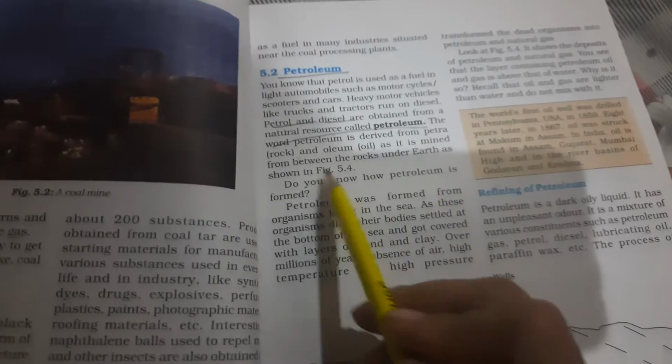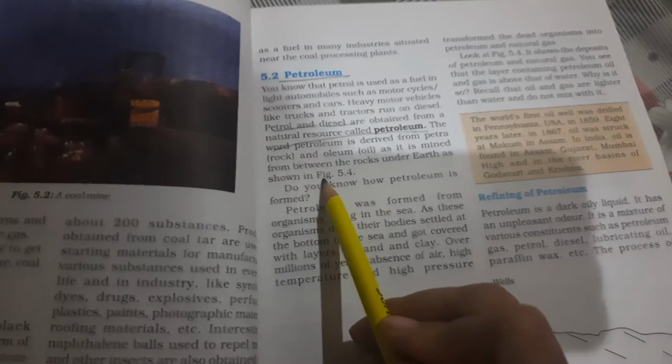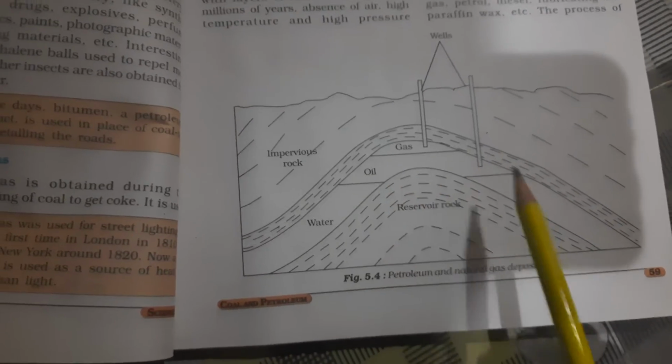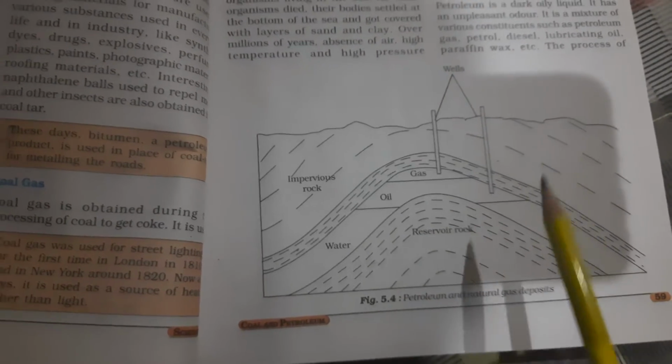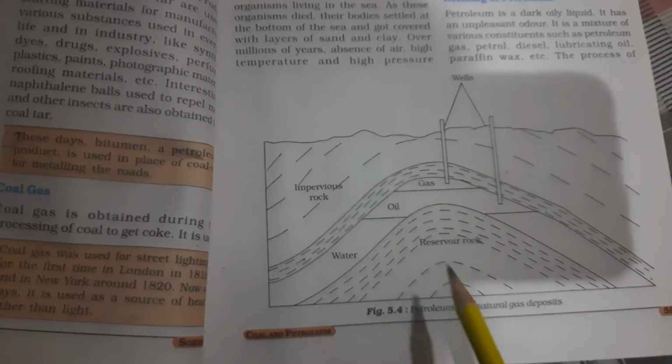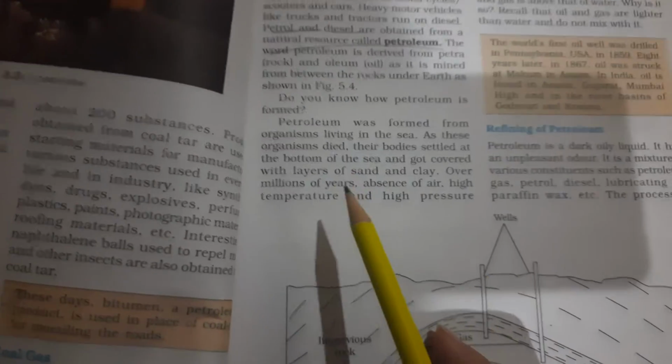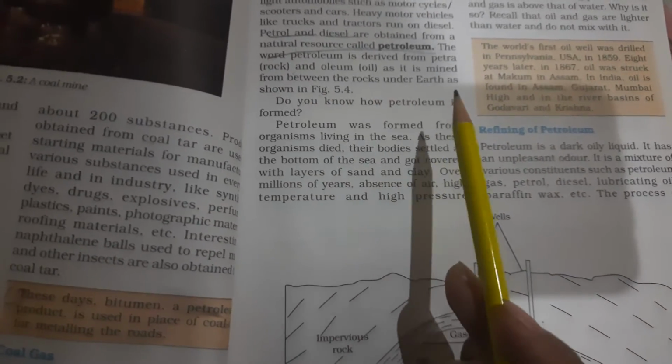It means it is mined from between the rocks under the earth, as shown in the figure. This is the process of obtaining petroleum under the earth.